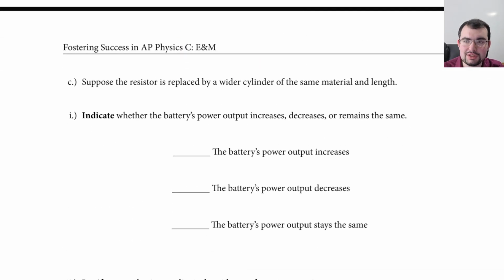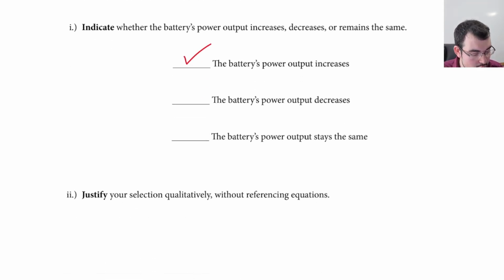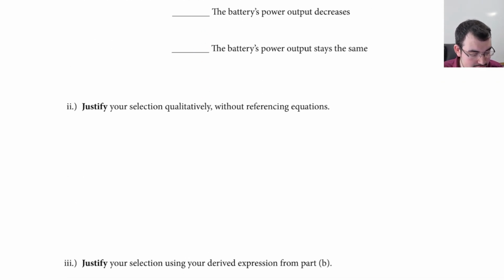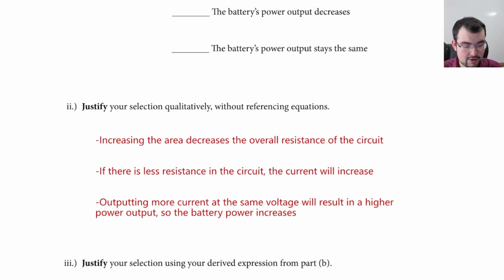Well, a wider cylinder is going to decrease your resistance. And if you decrease your resistance, you get more current flow. So battery power output increases. So without referencing equations, how can we prove this? Increasing area decreases resistance.